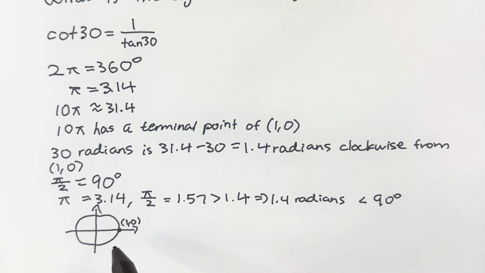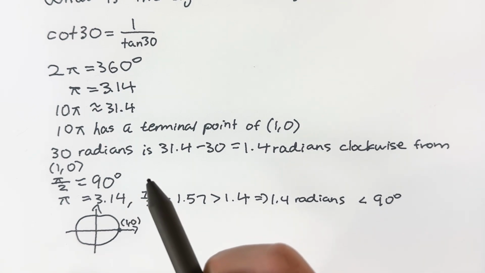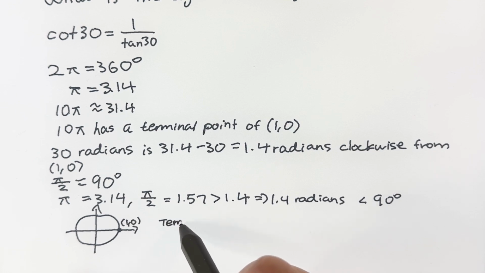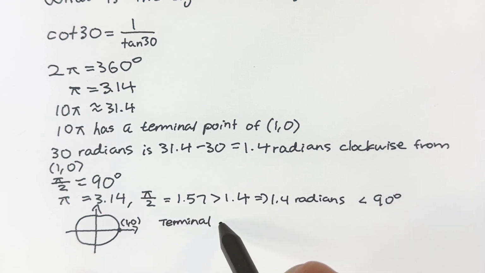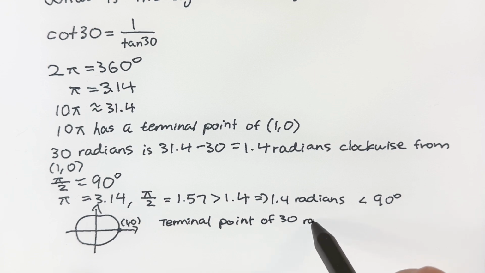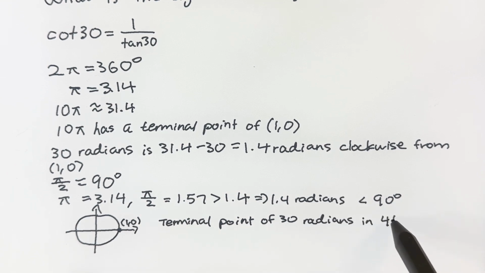If it was greater than 90 degrees, it would be in the third quadrant. So since it's in the fourth quadrant, we have the terminal point of 30 radians in the fourth quadrant.